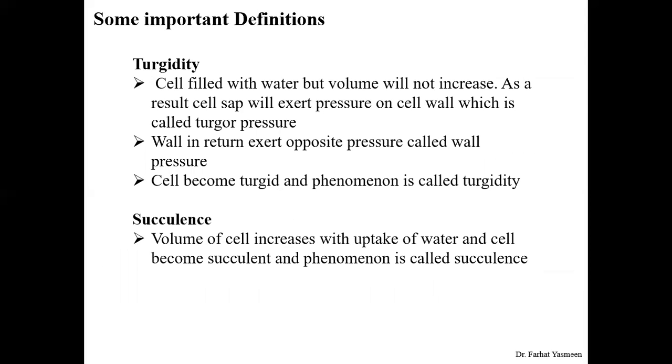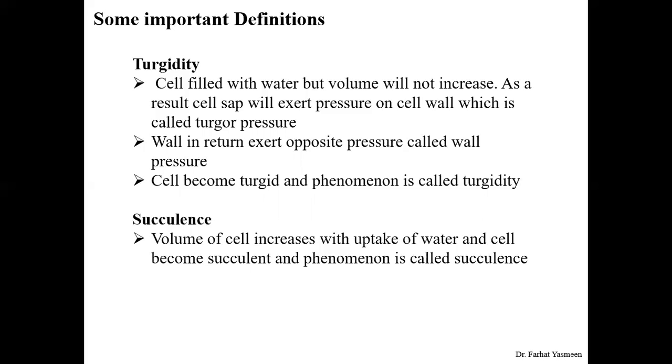Then turgidity and succulence is another important thing which will be very much used in water relations. Turgidity is basically the cell being filled with water, but the volume will not increase.